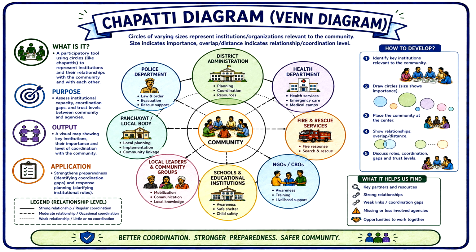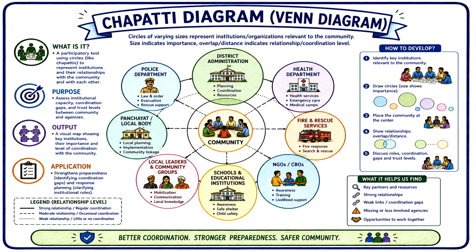The Chapati diagram, or we can say Venn diagram, is a participatory tool used to analyze the relationships between a community and the institutions or organizations that support it. Circles of different sizes represent various agencies, with larger circles indicating greater importance.